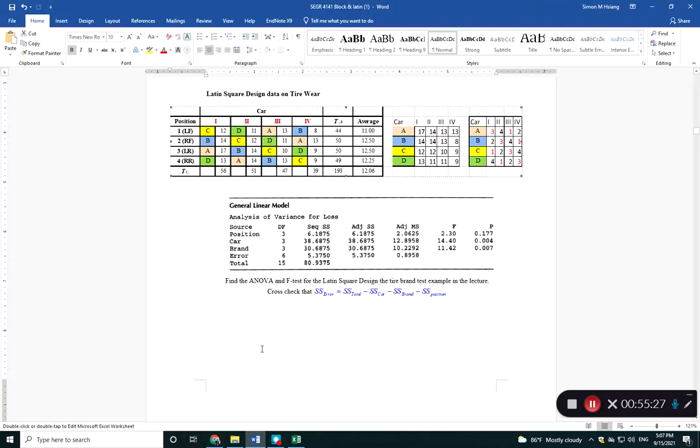Now, if I have another one, the positions, that uses up another 3 degrees of freedom. How much is left for your error term? 3. So your error term gets consumed more and more by those things you try to explain.